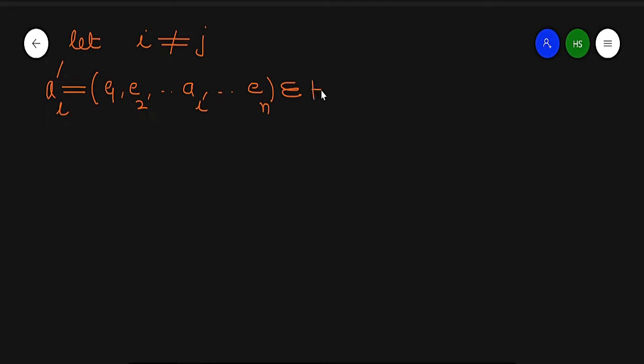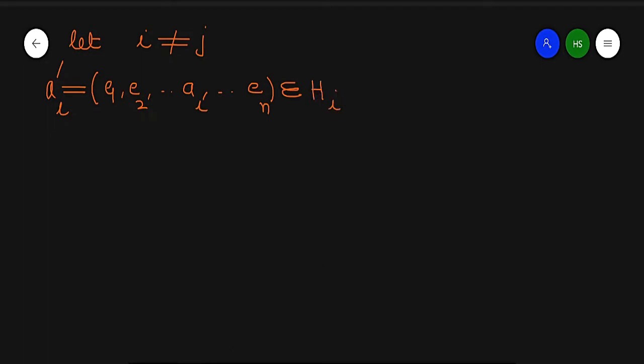Now second is that Hi and Hj commute with each other. That is the second property. So let i be not equal to j. Now I take ai dash, one element, which can be written as (E1, E2, ..., ai, ..., En).